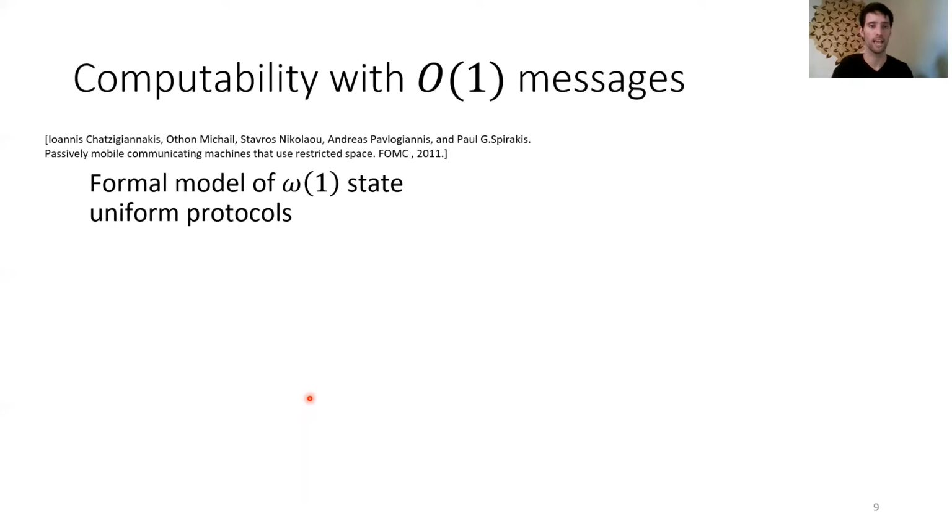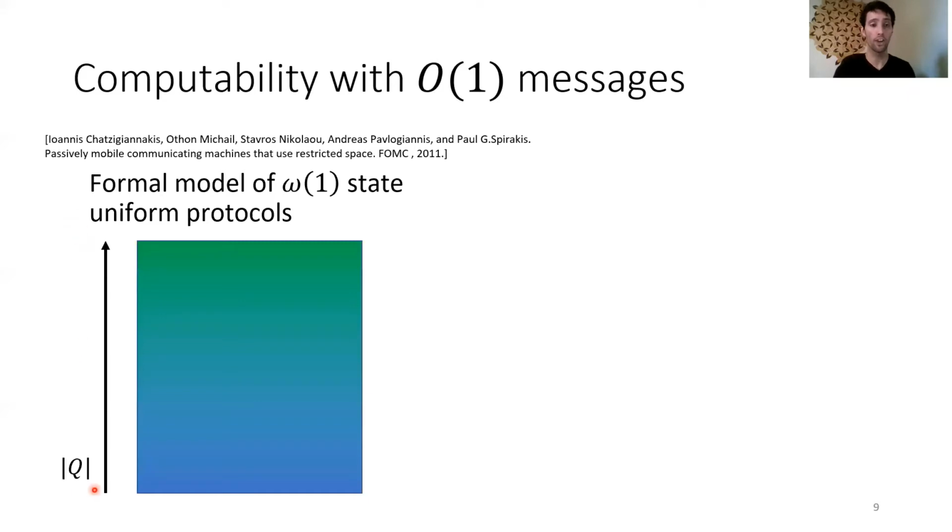Now, the first problem we consider is the question of computability with constant size messages. So we ignore time complexity for the moment and just ask what the model can compute. This previous result gave a formal model of super constant state uniform protocols, and it found the computational power varies with the state size.